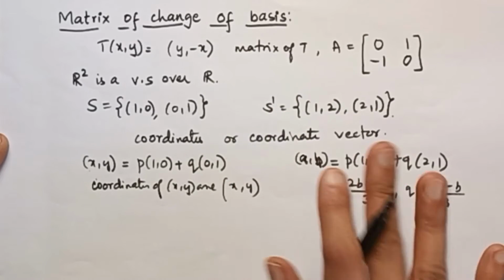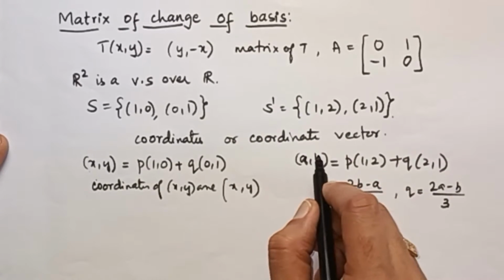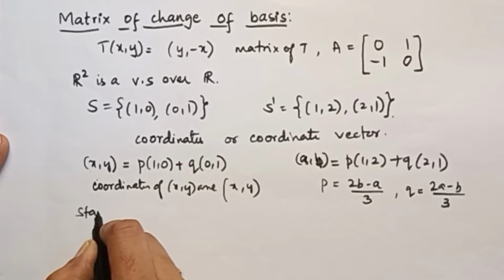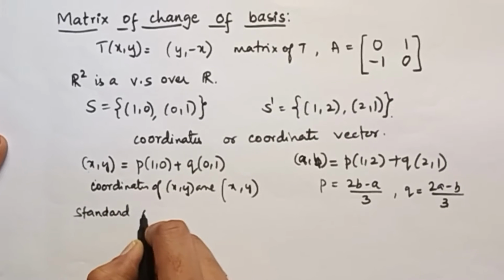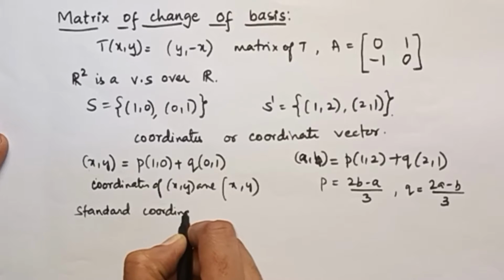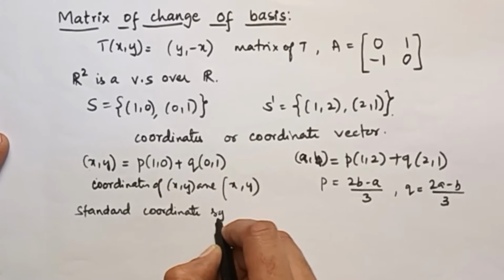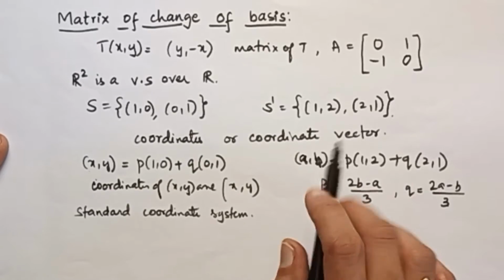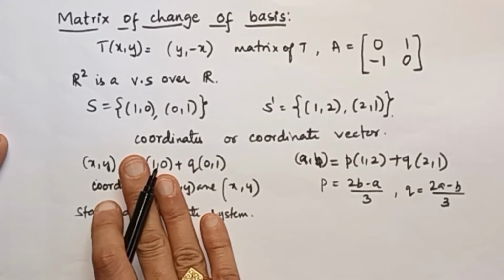So any vector v, this is in terms of the usual coordinate system. This is called the standard coordinate system, and most of the time we are using the standard coordinate system itself, a rectangular coordinate system. So now (a, b) is any vector in terms of the standard coordinate system.